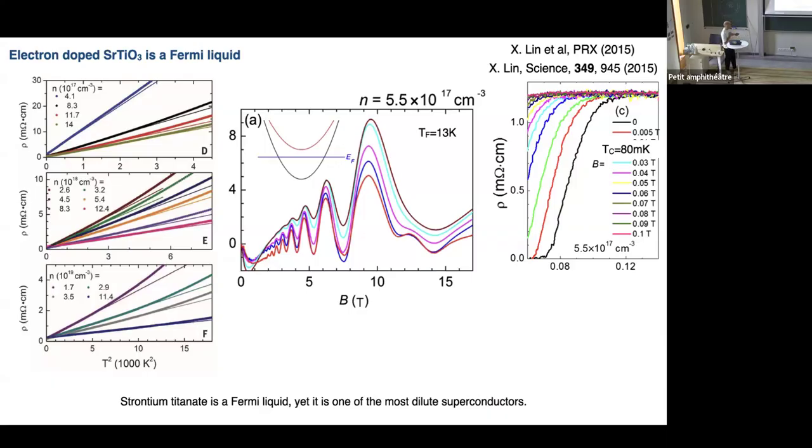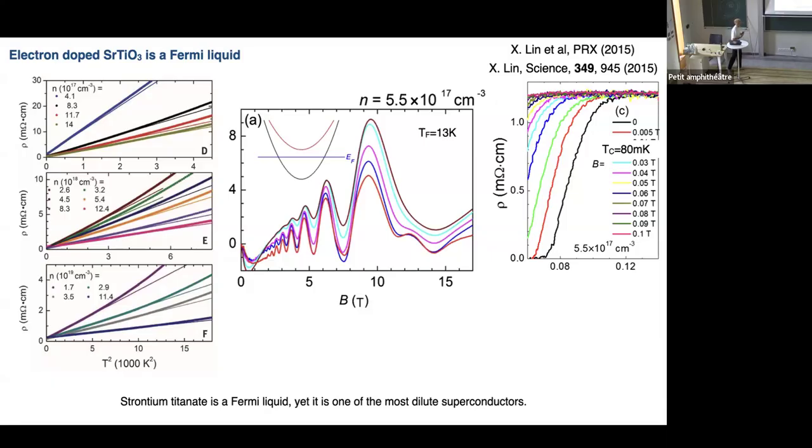And there are at least 2 strong pieces of evidence. If you want, we can enter into detail about the meaning of all these results, but this is really the message. So here you have the resistivity as a function of T squared for density from 10^17 to about 10^20. And you see that at low temperature, over the whole range of doping, your system behaves as T squared.